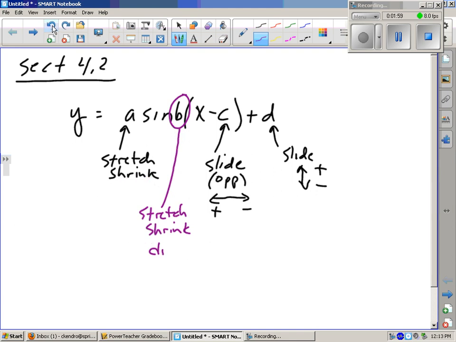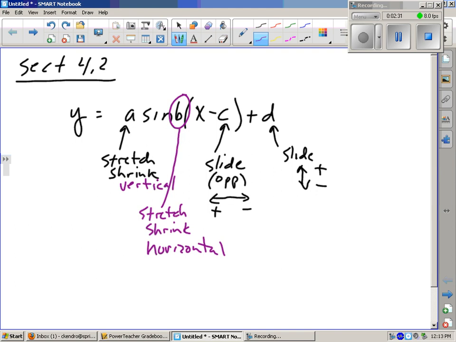Stretch or shrink. Let's just switch this to horizontal, and this would be vertical up here. Okay, now that I got things straight in my head, that's a basic one. You have A, B, C, and D. Now we didn't talk about B because it complicates things a little bit more.